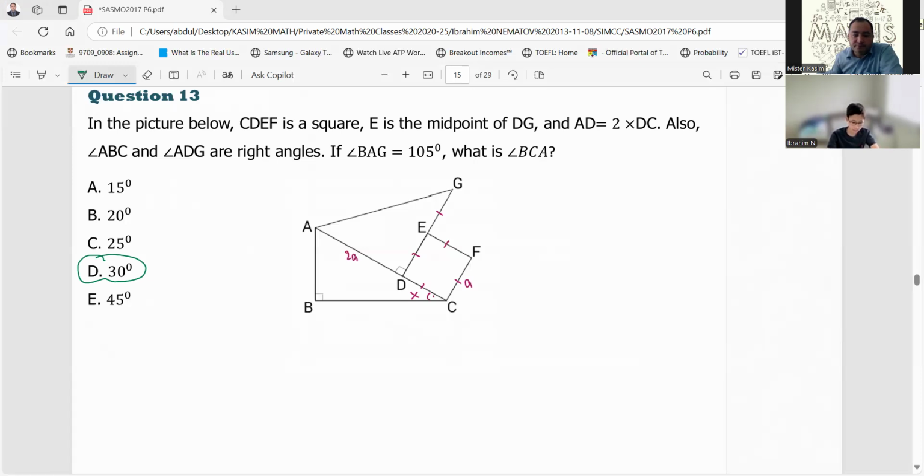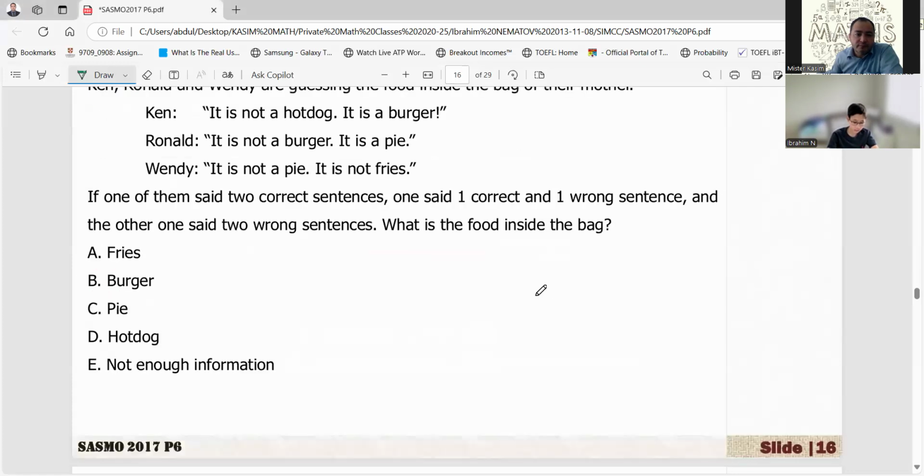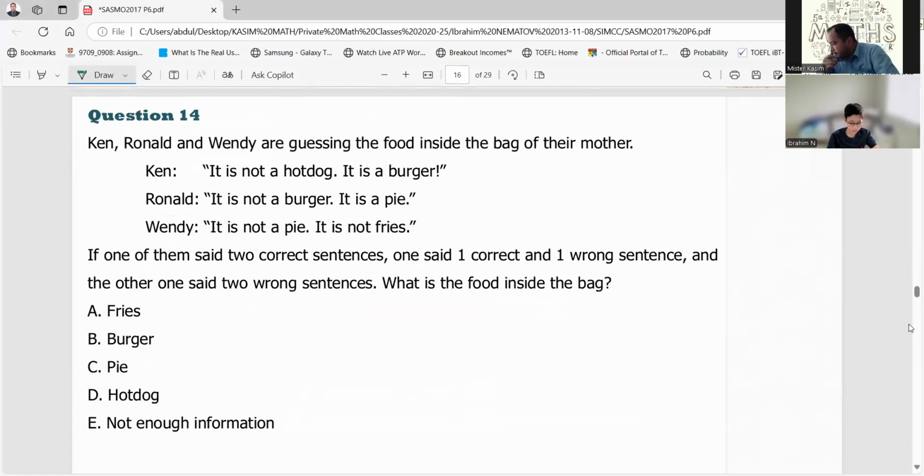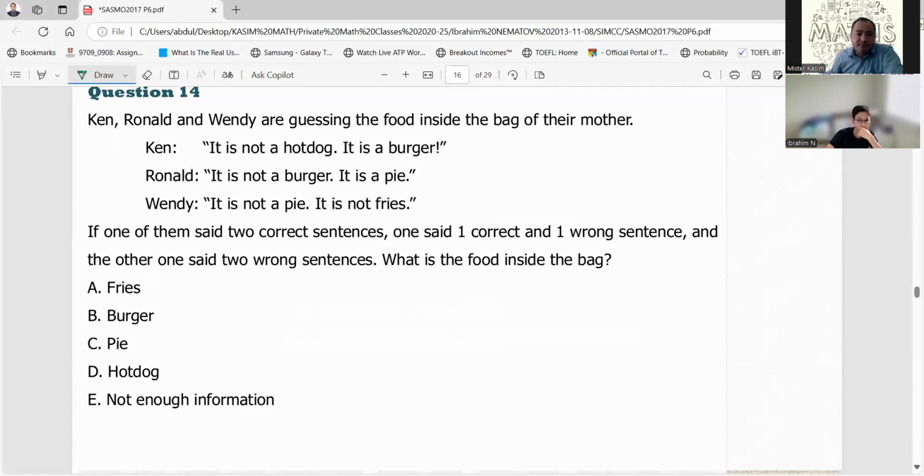Okay, 14. The correct answer, what did you choose? I couldn't solve it, so I just picked randomly. It's a logical reasoning question.